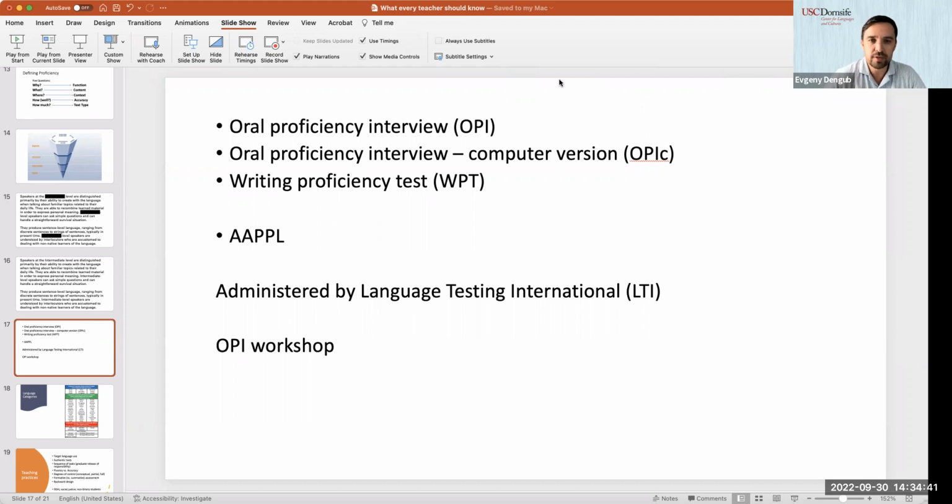It's a 30-minute conversation that you have with a tester who asks you questions. It's semi-flexible, so there's no script, but the tester's goal is to more or less quickly understand your floor level and your ceiling level.